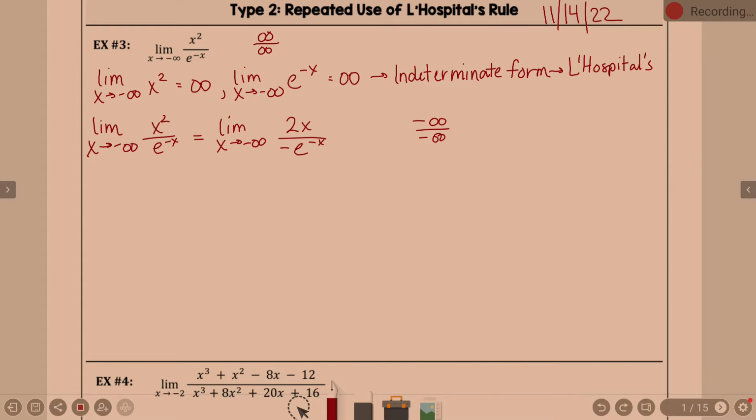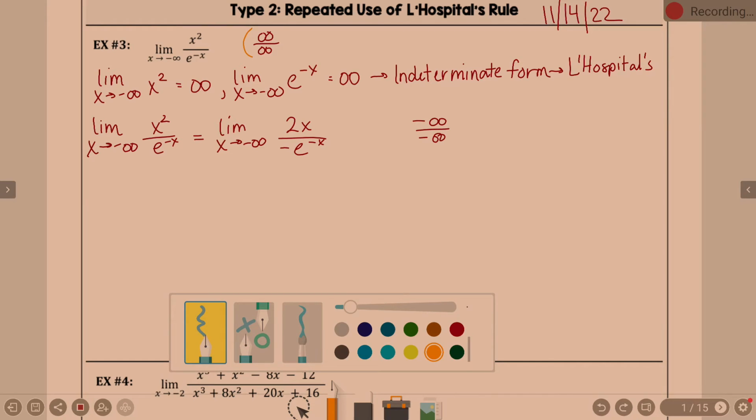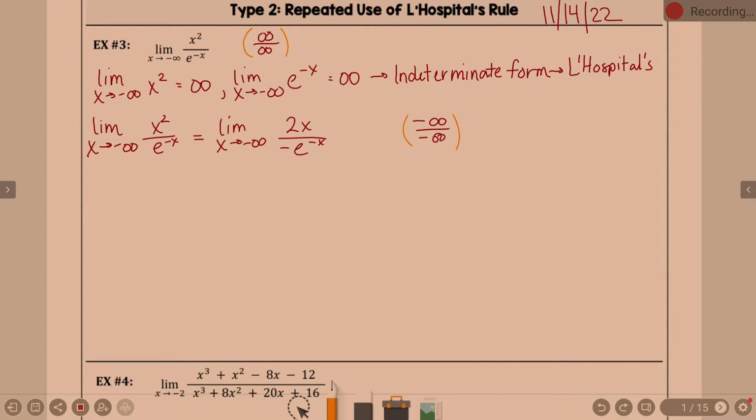So what just happened? We've got an indeterminate form once up here. And twice. We get to use L'Hopital's again. L'Hopital's can be used as many times in a row as necessary till you get to a point where it's not an indeterminate form.